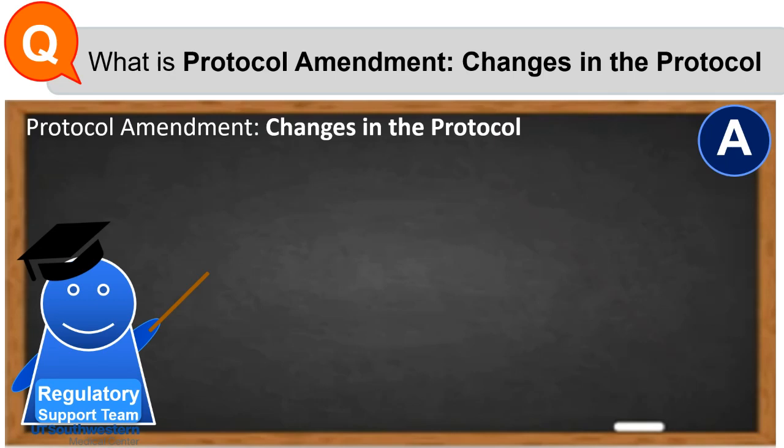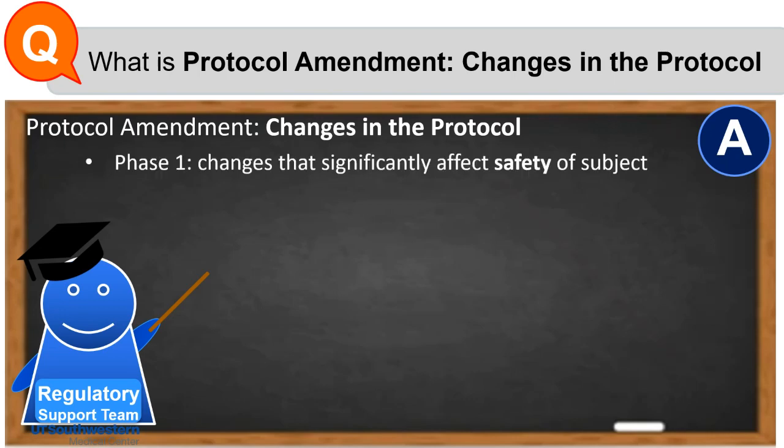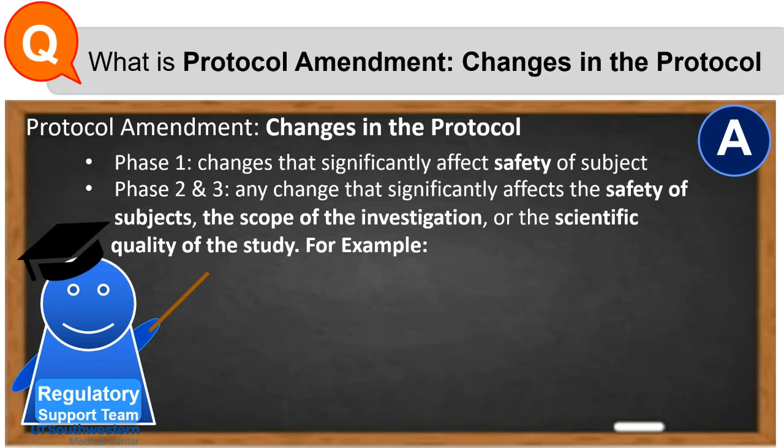Protocol amendments should be submitted to the FDA when a phase 1 protocol changes significantly that affects safety of subjects, or in a phase 2 or 3 protocol, changes are made which significantly affect safety of subjects, the scope of the investigation, or the scientific quality of the study.